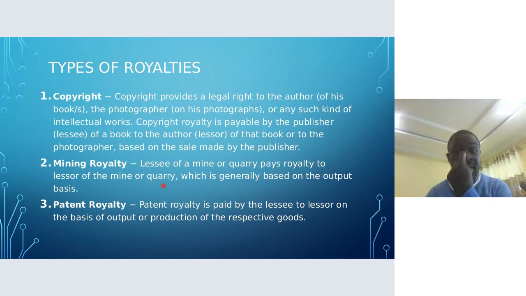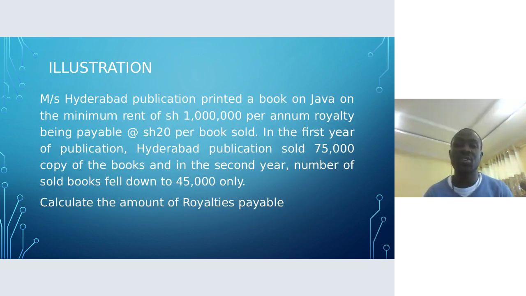It will be based on the agreement. Then lastly, we have patent royalty. Now, the patent royalty is always paid by the lessee to the lessor on the basis of output or production of the respective goods.